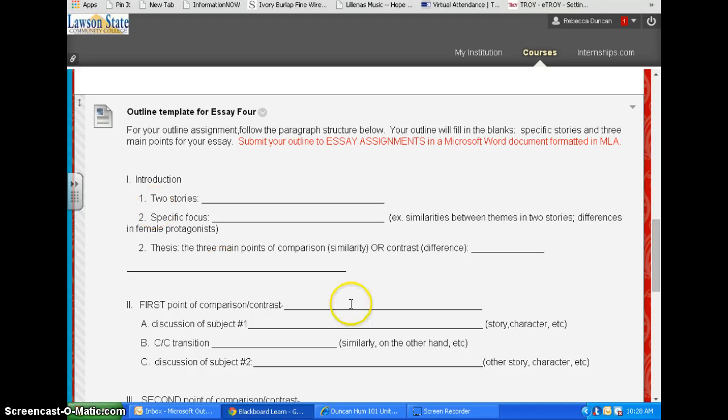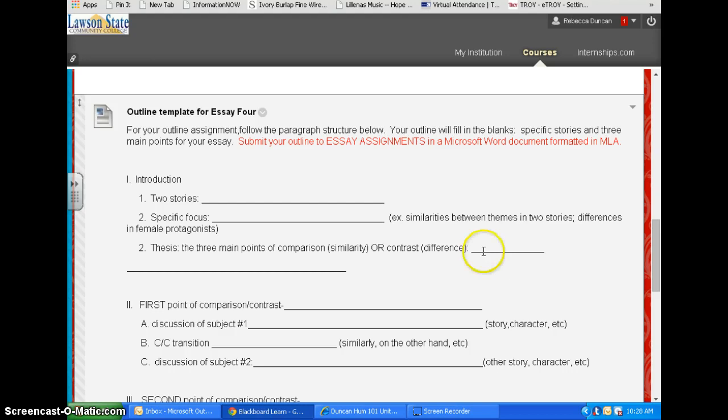Now you'll need to copy paste this into your own document to submit it, but you tell what the 2 stories are here, and then what is that focus? For example, is it similarities between themes, or obviously you're going to be more specific, right? Or differences in the female protagonists, but whatever is the focus of your comparison and contrast, then you're going to state that there, and then your 3 points.